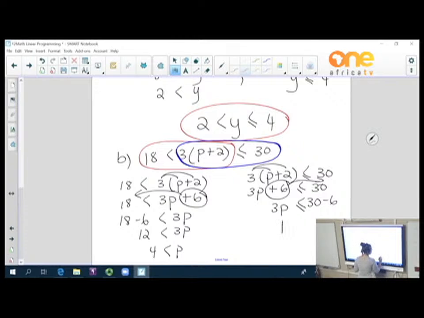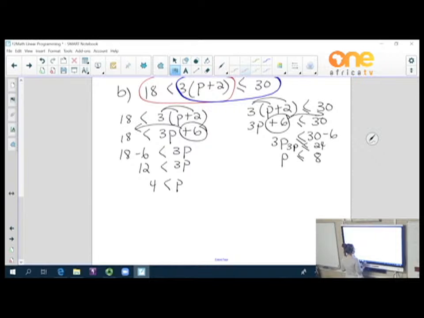This will be 3p is less than or equal to 24. Divide by 3 on both sides to get p alone. P is less than or equal to 8. Showing this in one inequality, 4 is less than p is less than or equal to 8.